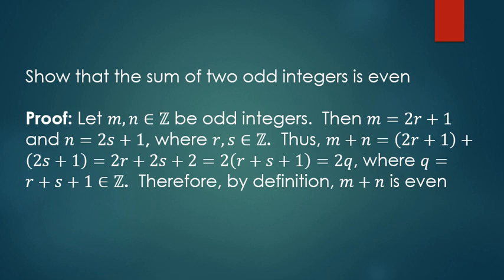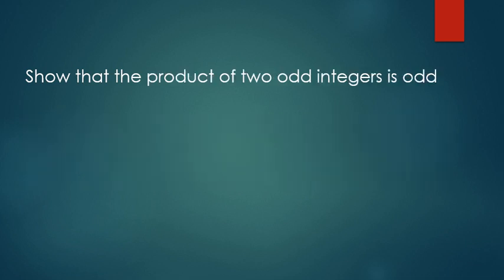So we're going to do another one that's similar to this. We're going to show that the product of two odd integers is odd. Again, maybe you want to begin this by writing it in a more logically quantified form, actually putting the quantifier in there and then writing a conditional right afterwards.